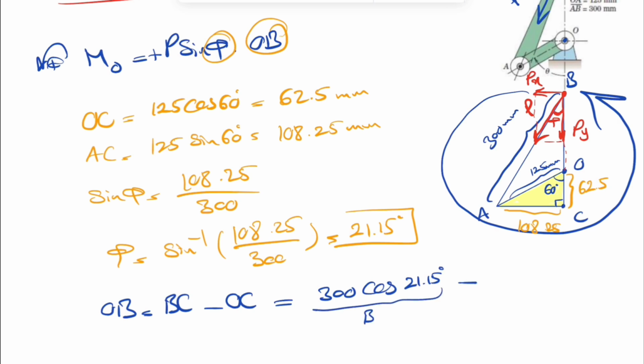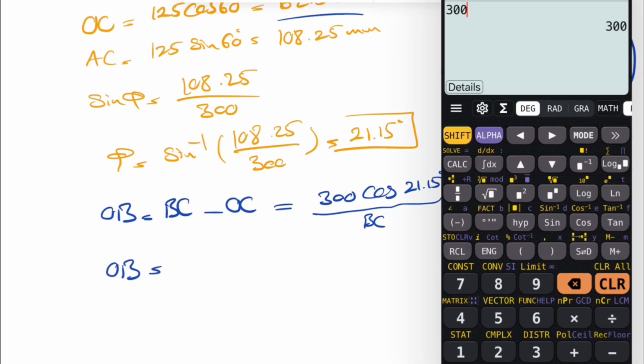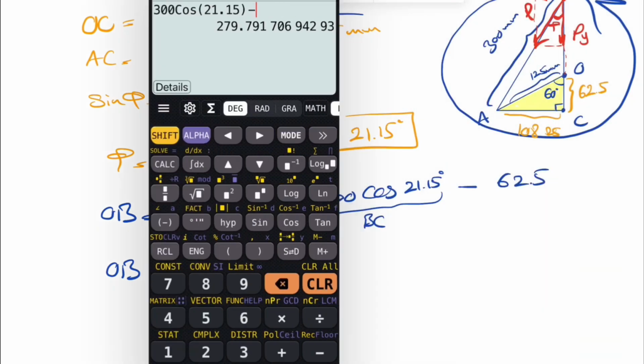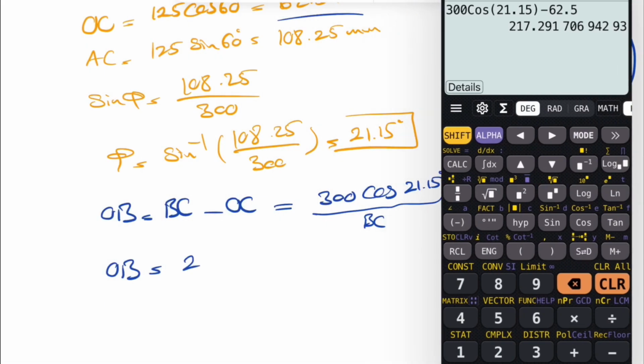So that's going to be our BC, and OC would be what we found in the first step, 62.5. So now we can find the OB: 300 cosine of 21.15 minus 62.5. That's going to be 270.29 millimeter.